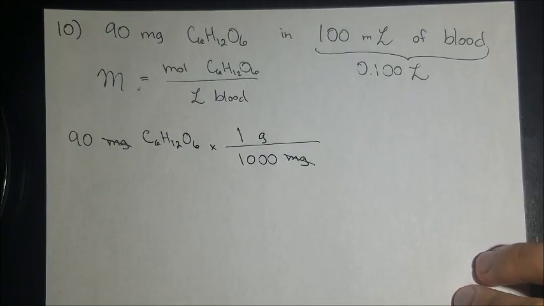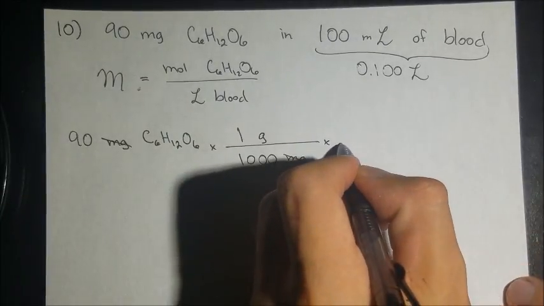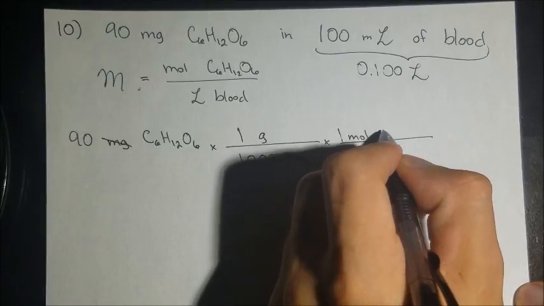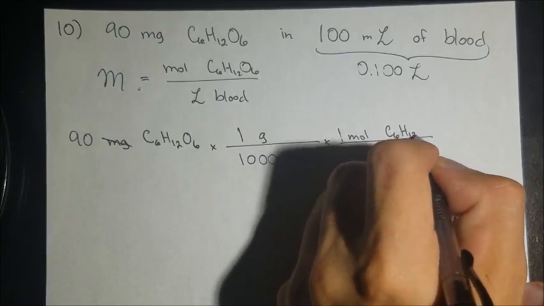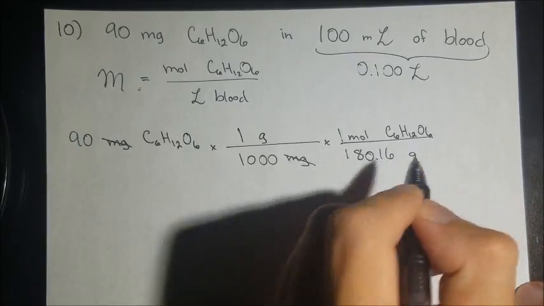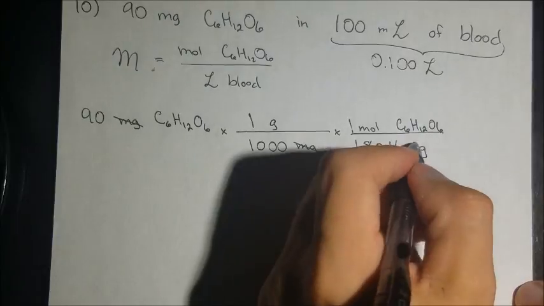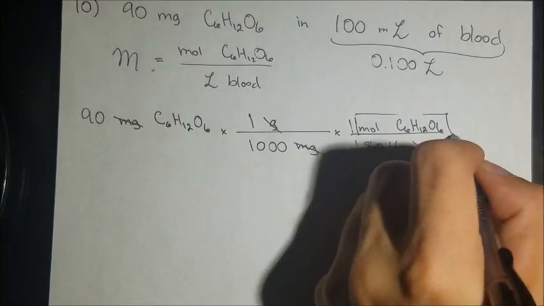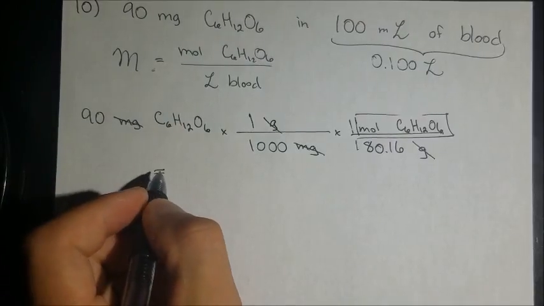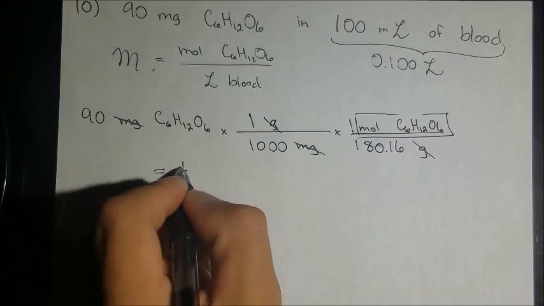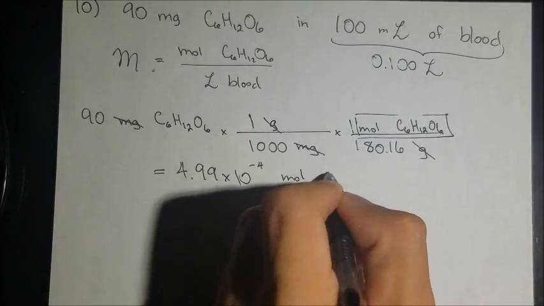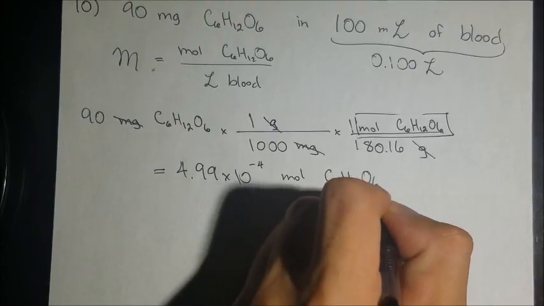And to go into moles of glucose, I got 1 mole of glucose weighing 180.16 grams. So grams cancel, and now my units are in moles of glucose. So if I do this, I've got 4.99 times 10 to the negative fourth moles of glucose.